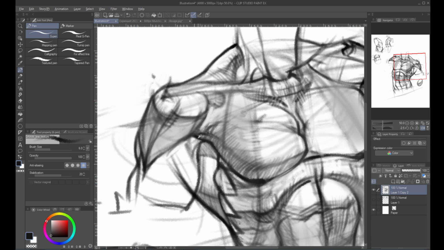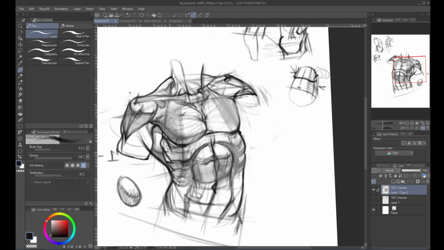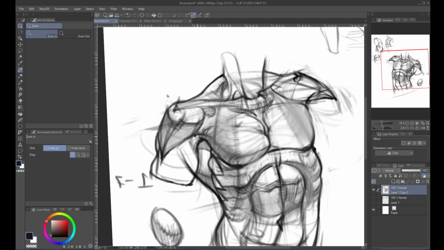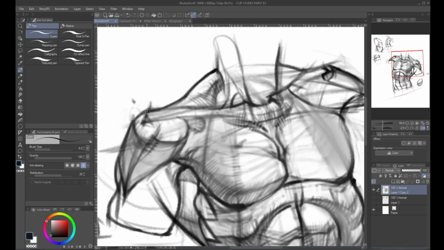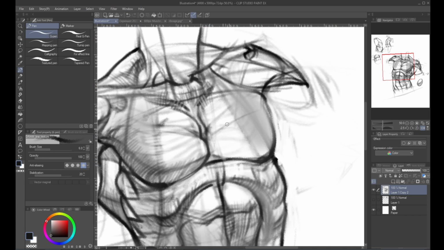We already have the bicep anyway. Now that we have an arm, we can return to drawing the pecs.